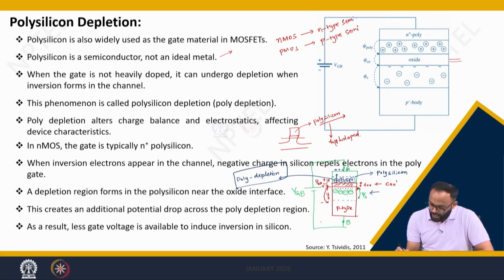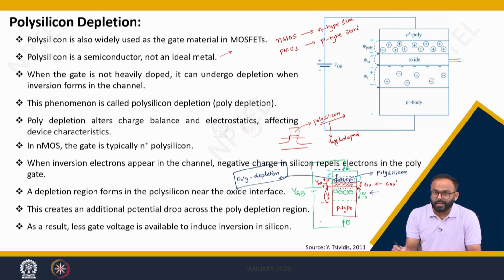One is that the potential which causes this positive charge to come near the surface should be negative, and hence this will be positive. The other way is when you apply a KVL, the total drop should be positive and negative, correct. That is the sign convention of these different voltages: positive, negative, positive, negative, positive and negative.